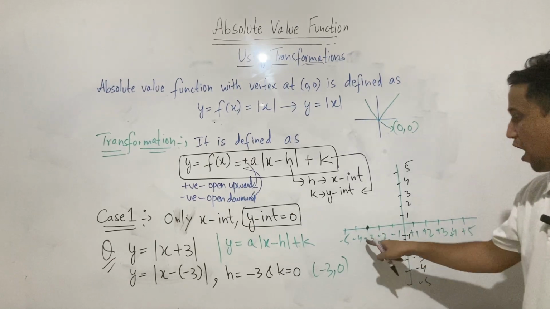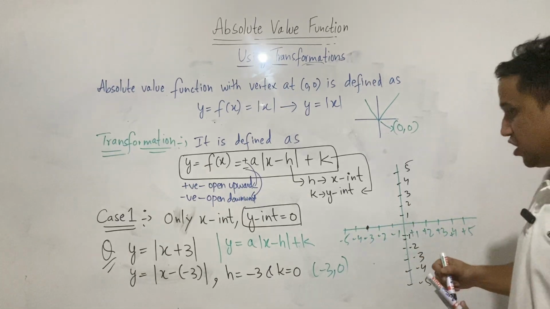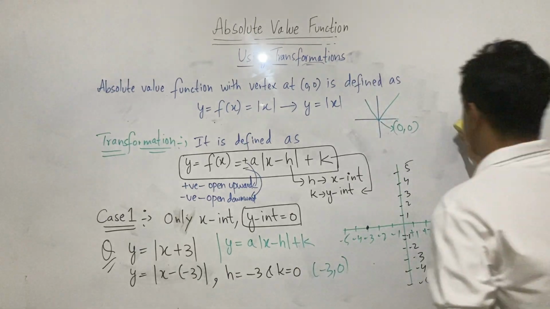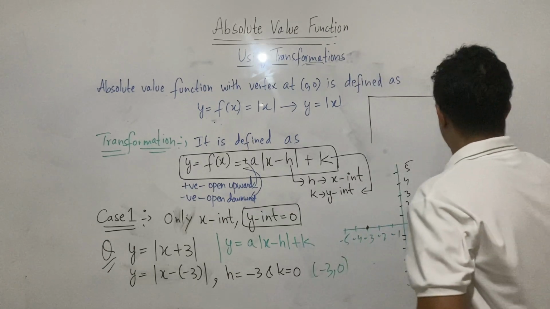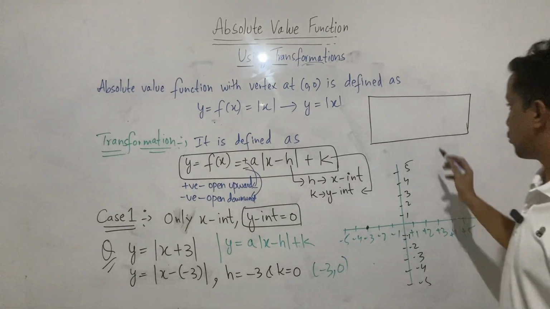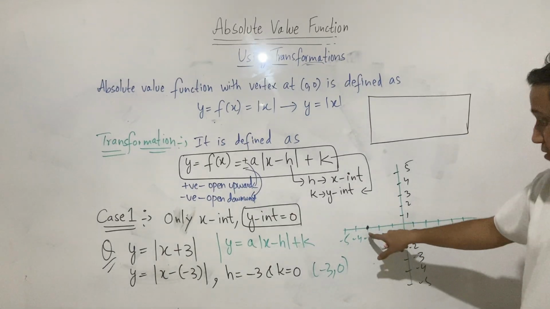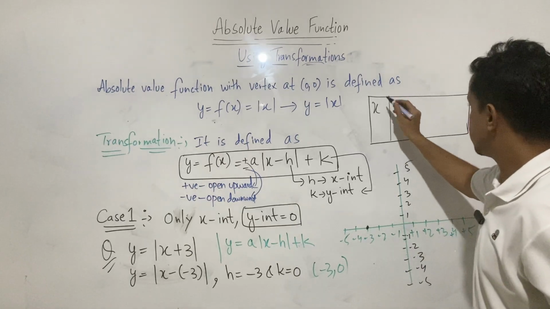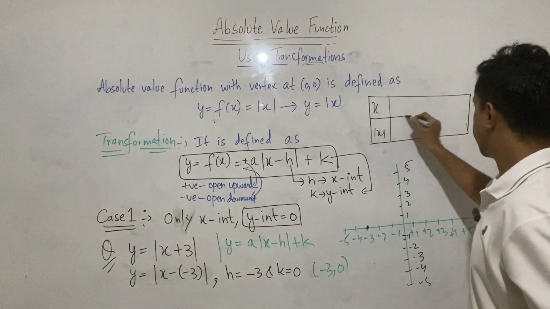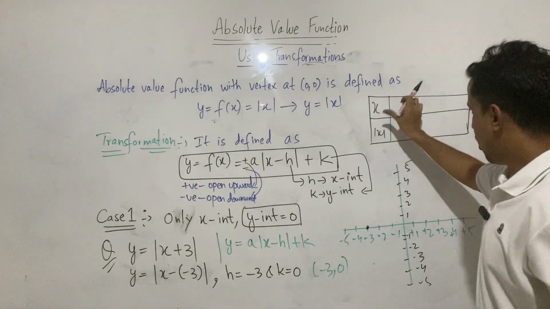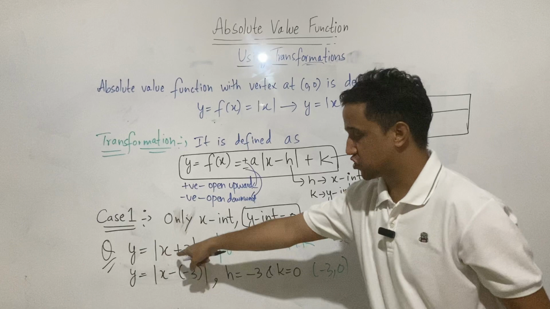Understand? Now see here, minus 3. For the time being, I'm going to erase this, and here I will put in various values of x. Now my x-intercept is minus 3, and here y is modulus of x plus 3.